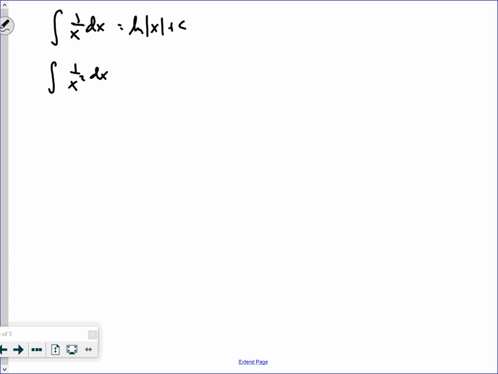What's the integral of 1 over x squared dx? Actually, that's probably step number 3, but let's go with that. Okay, well, this is not a natural log problem. It's just a power rule.